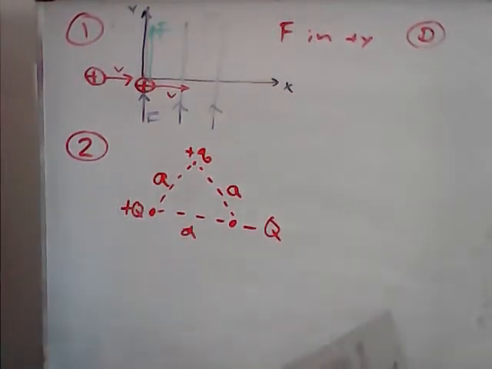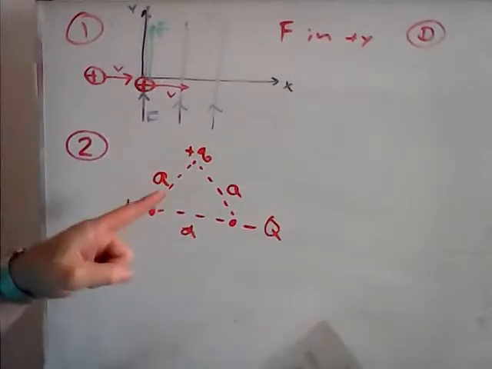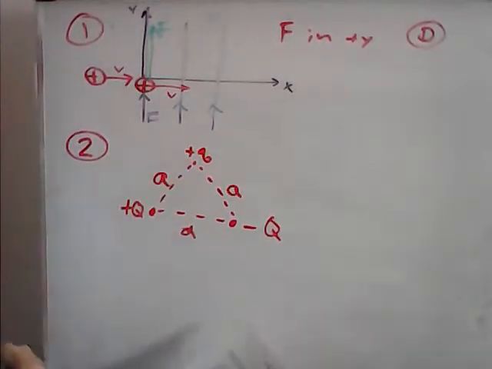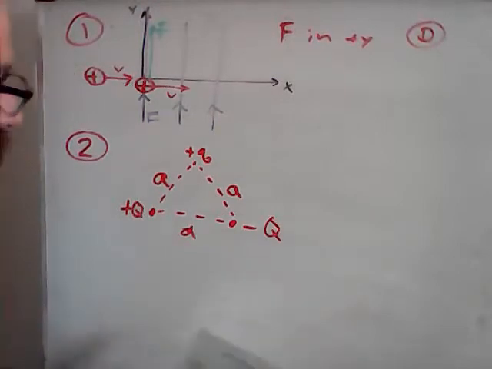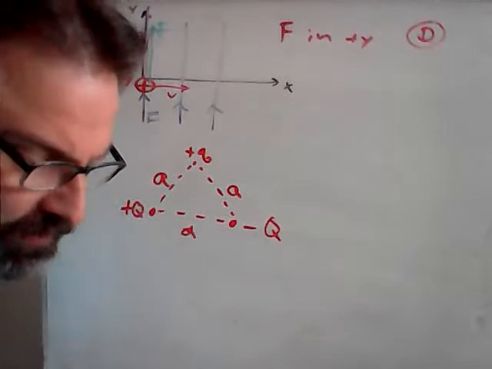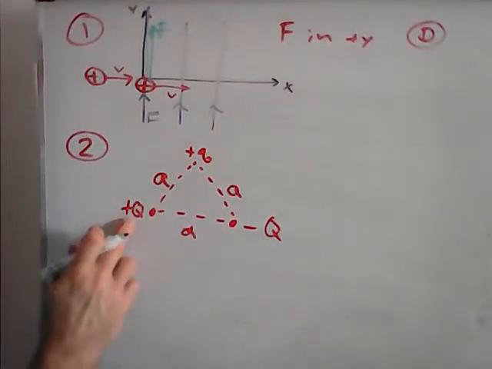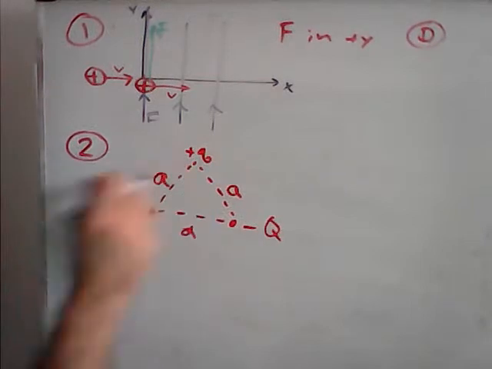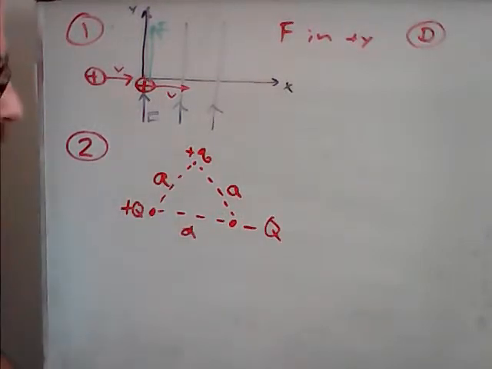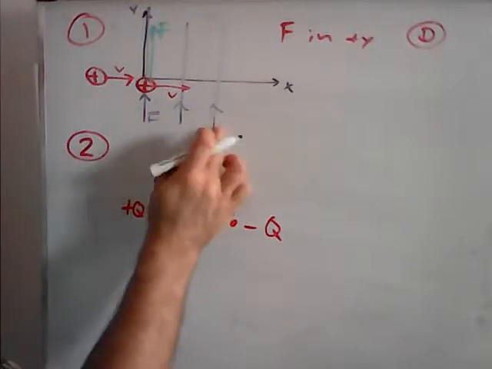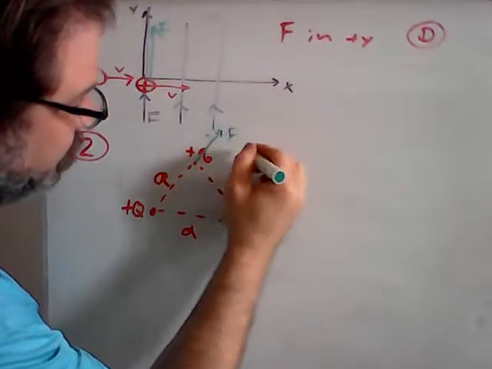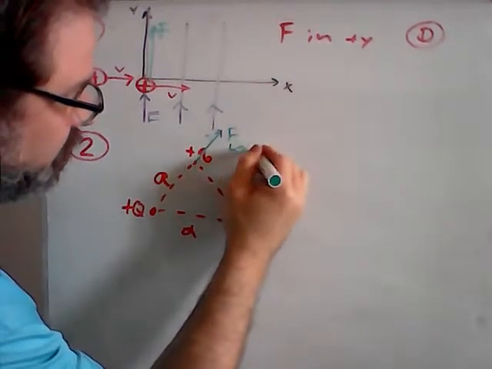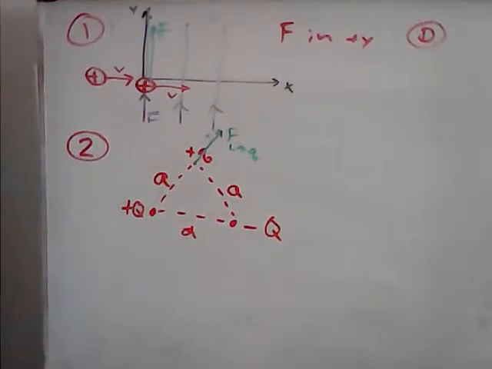The first question is, the net force on the particle with charge plus little q, in what direction is it? So let's figure this out. We can draw the forces in. The plus Q charge and the little plus q charge are like charges, and like charges repel, so it pushes this charge in this direction. That's F of the plus Q charge on little q. Now let's take a look at the minus Q charge down here.